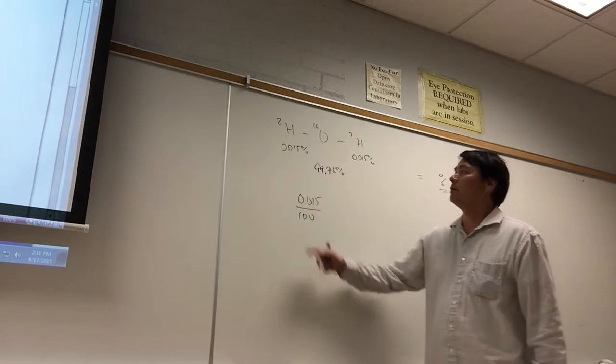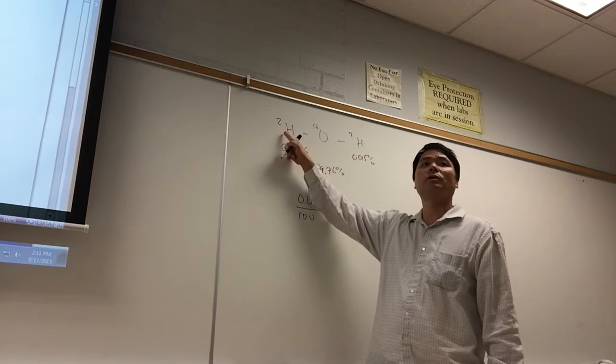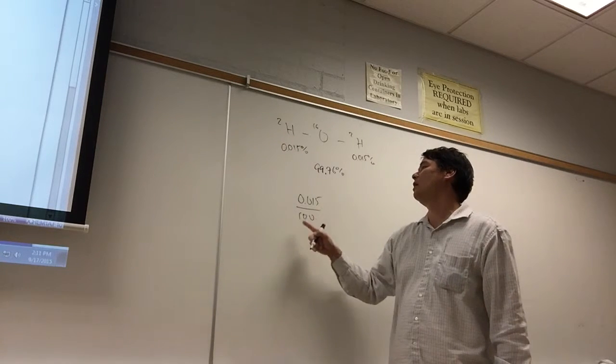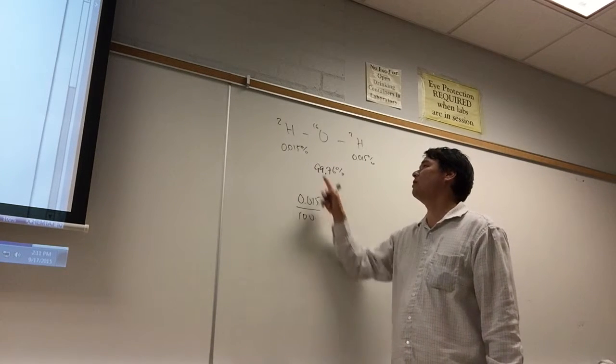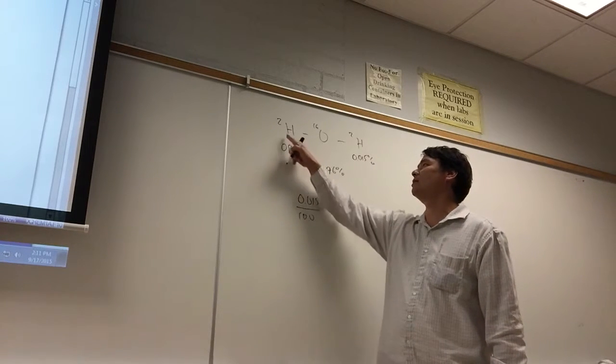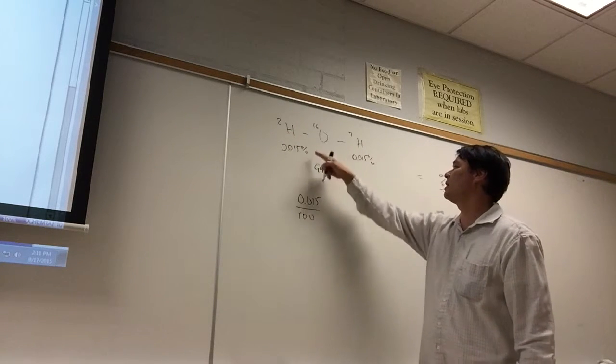Statistically, this could be an H1, H2, or H3. Well, H3 is not that common, so this is an H1. So 15 out of 100,000 are H2, which means the remainder, 99,985 out of 100,000, are H1s. And that's the fractional abundance of that.